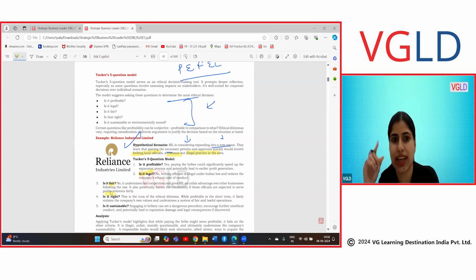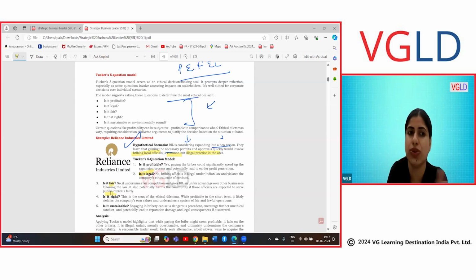Sustainability means futuristic, like environmentally. In the main case study, you will get information regarding the environmental area as well. In this case, it is not mentioned about future areas. If it is not mentioned, you will be saying it, because it's totally judgmental. Again, you have to justify your points.